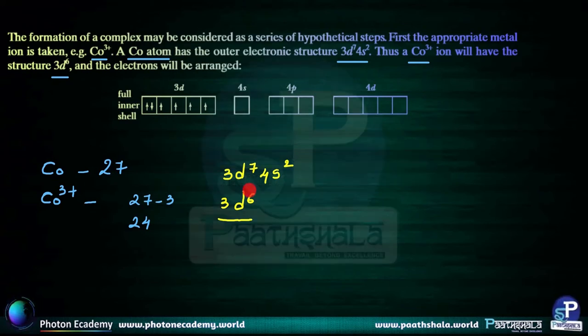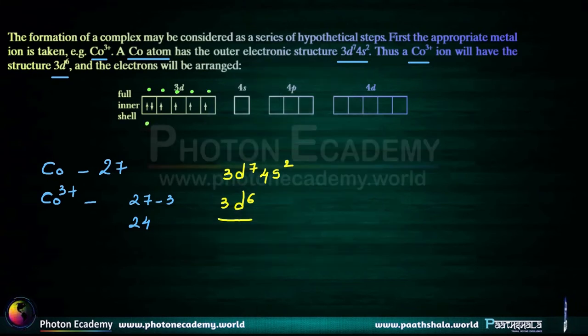We have only 6 electrons in the 3d orbital and that is our outermost orbital. And how do we arrange these 6 electrons? 1, 2, 3, 4, 5 and the 6th one is paired with the first electron here. So this is how the 6 electrons of cobalt 3 plus ion are arranged.